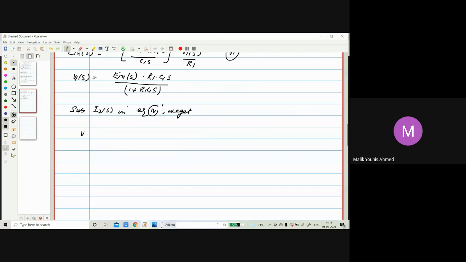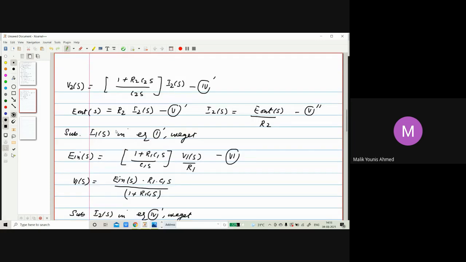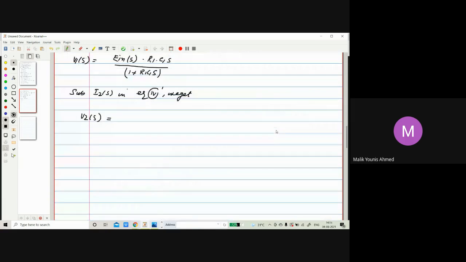So here V2 of s, you can see here, very simple equation, V2 of s. I will substitute this E out of s divided by R2 here. So this will come out to be 1 plus R2 C2 of s divided by C2 of s multiplied by E out of s divided by R2. So I'll call it equation number 7.